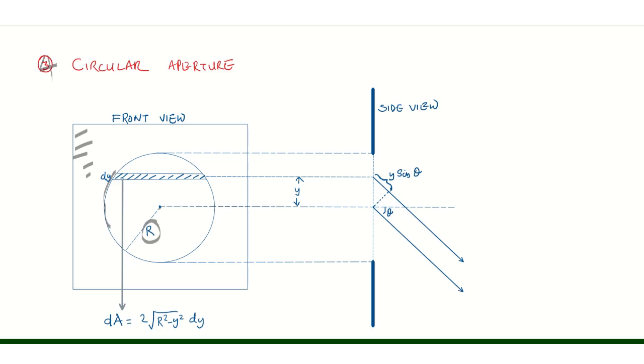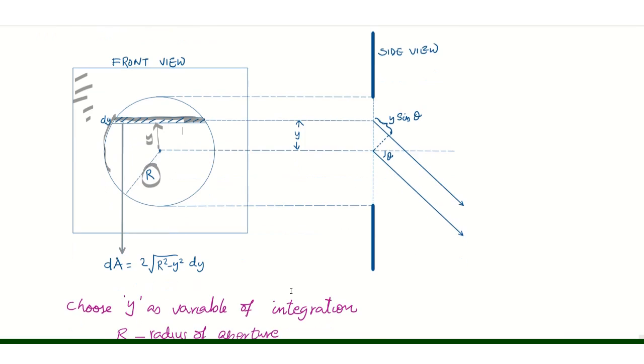Then at a distance y from the center, you define a strip like this one, and the area of that strip will be the elemental area, that is 2 square root of r square minus y square dy.